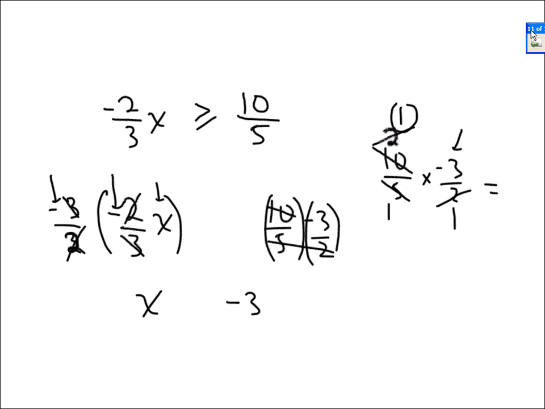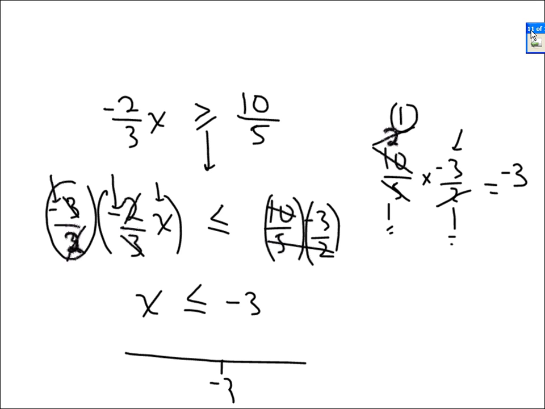And 1 times negative 3 is negative 3, and 1 times 1 is 1. So either way we get negative 3. But we multiply both sides by negative 3/2, which is a negative number, so I change the direction of the inequality. X is less than or equal to negative 3.